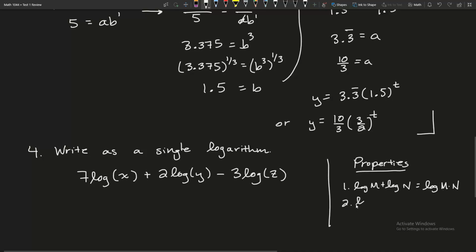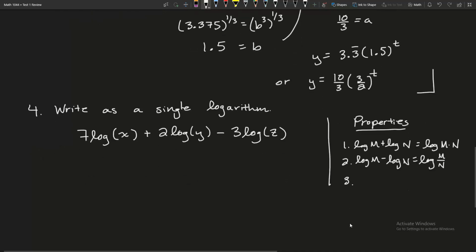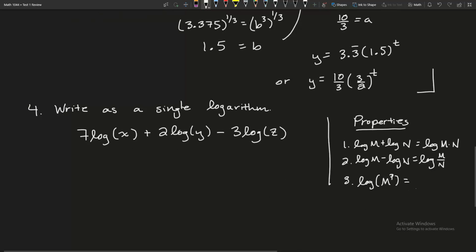Two, log of m minus the log of n can be written as the log of m over n. And three, if you had the log of, say, m to the p power, you can bring the p out front and write that as p times the log of m.